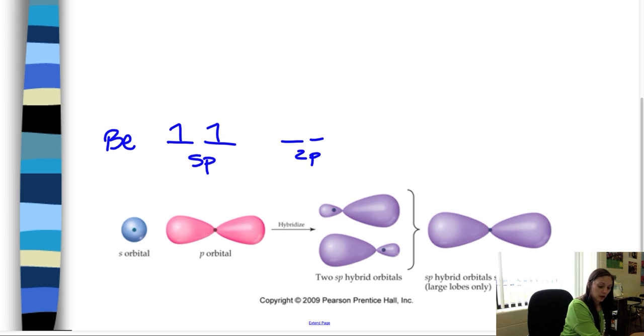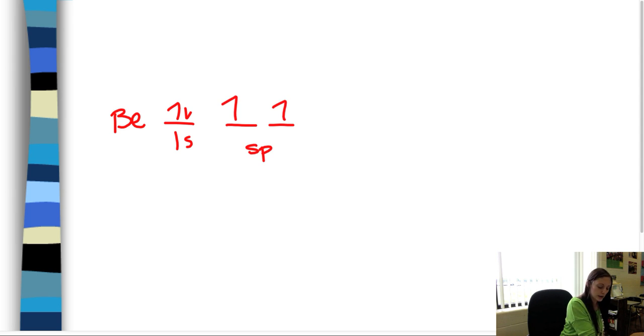So what we do now is show how these bond together. Beryllium has the 1s with its electrons, and then it has 2 sp's that I just hybridized. A fluorine comes along, and it has its 2s and 2p's.